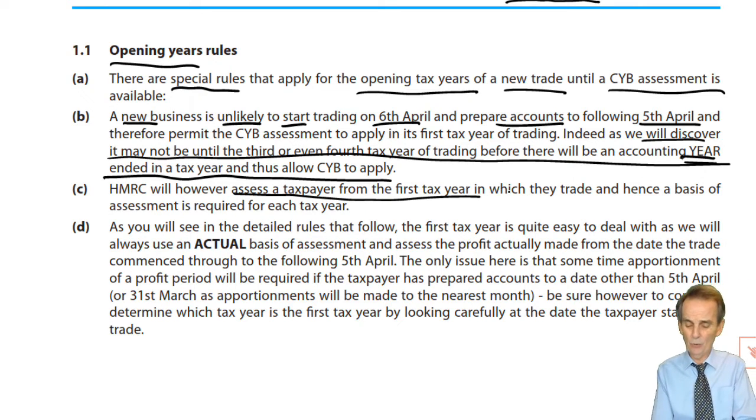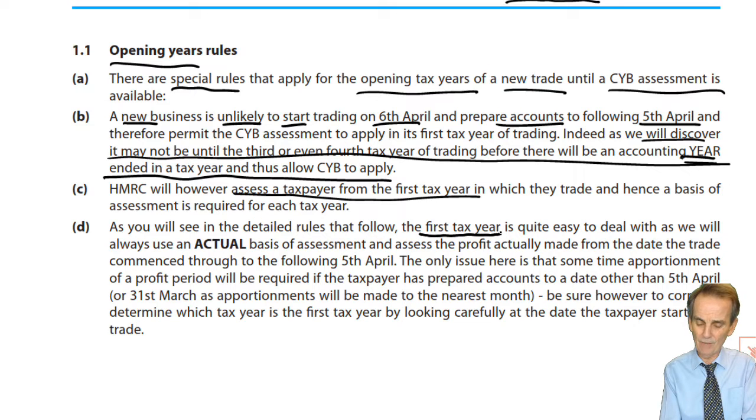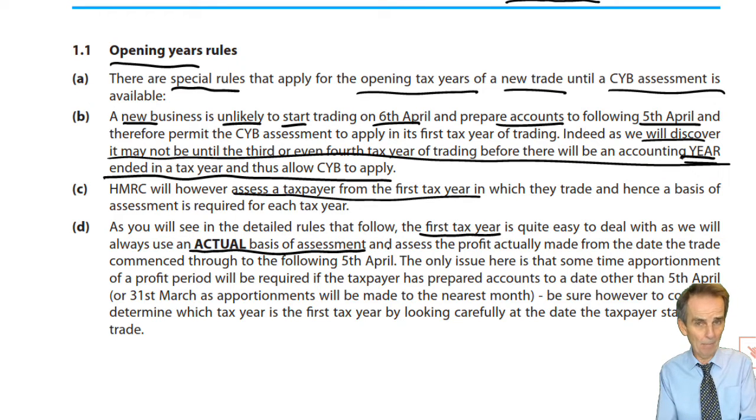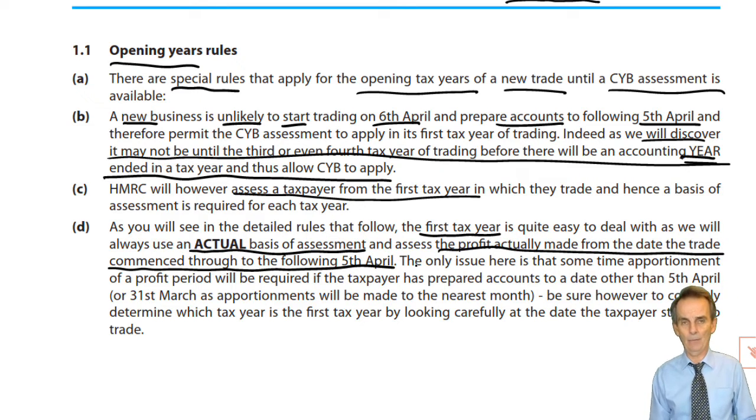As we'll see in these rules, actually the first tax year is very easy to deal with because there is just one single scenario, one basis of assessment, and we use an actual basis of assessment. What does that mean? We will assess the profit actually made from the date the trade commenced through to the following 5th of April.